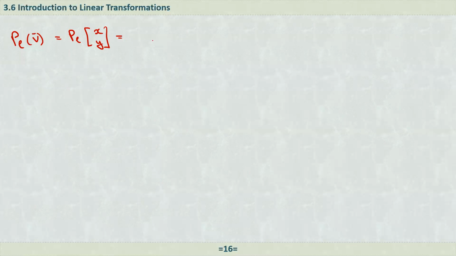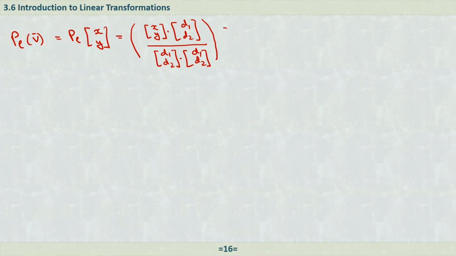So by definition, here we have the first vector, x, y, dot D, where D is d1 and d2, over D dot D, that is (d1, d2) dot (d1, d2), and here we have vector D, which is d1 and d2.